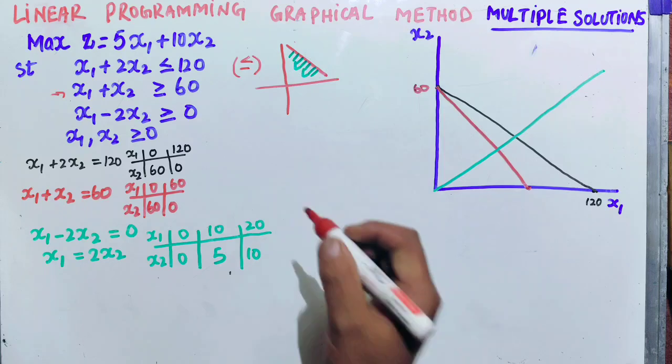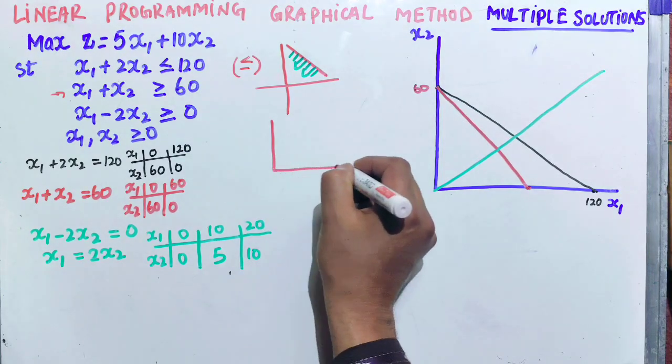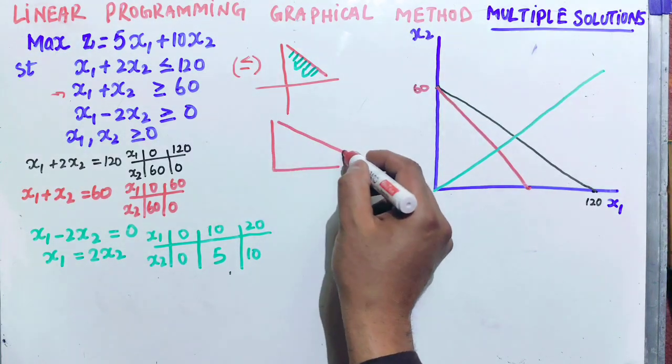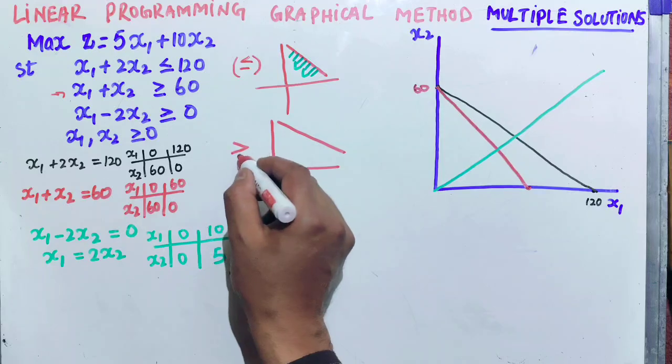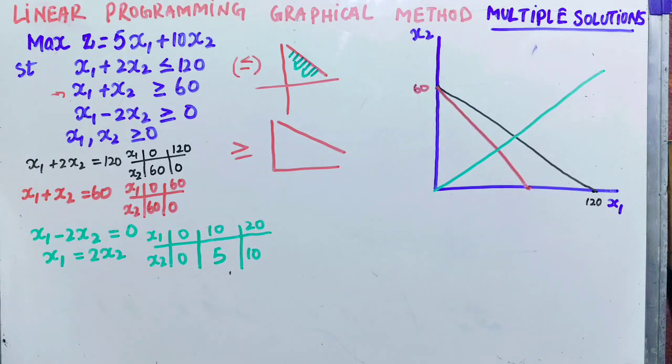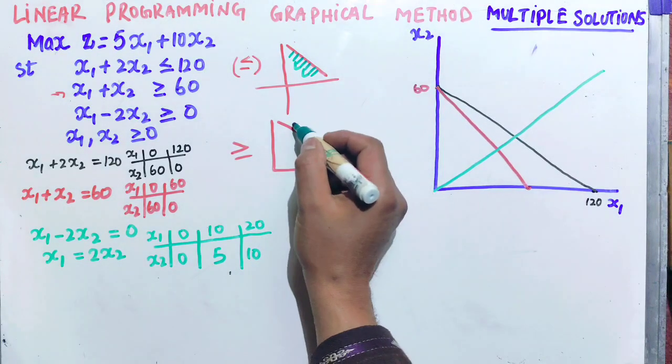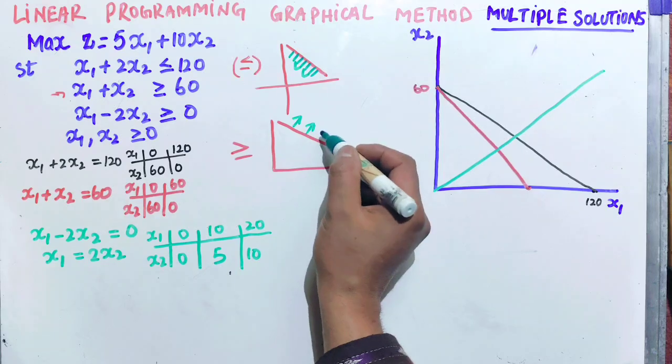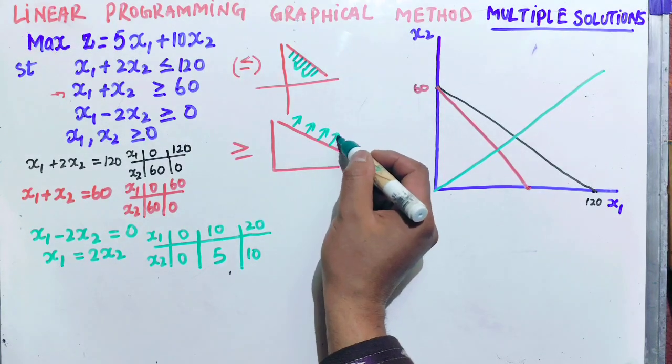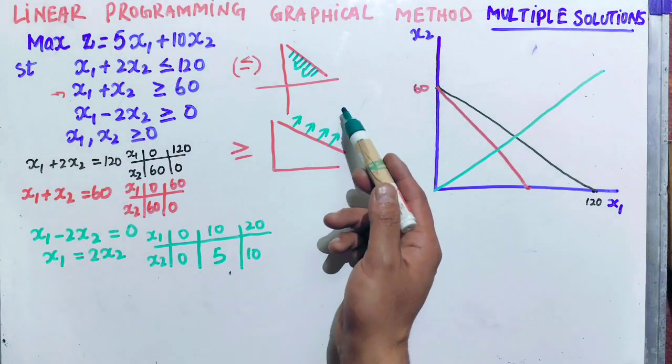If we have another line, and in this case we have a greater or equal to sign, our shaded area will be this very area, we shade the upper region.